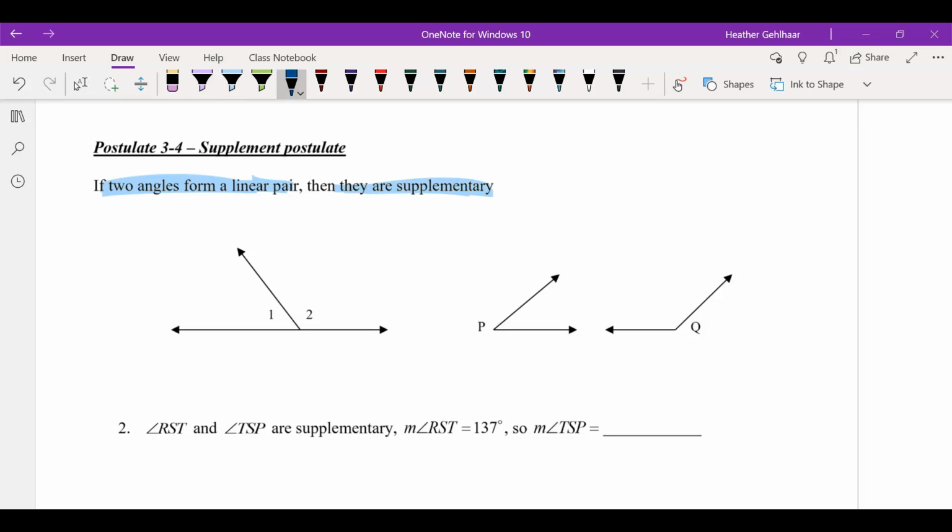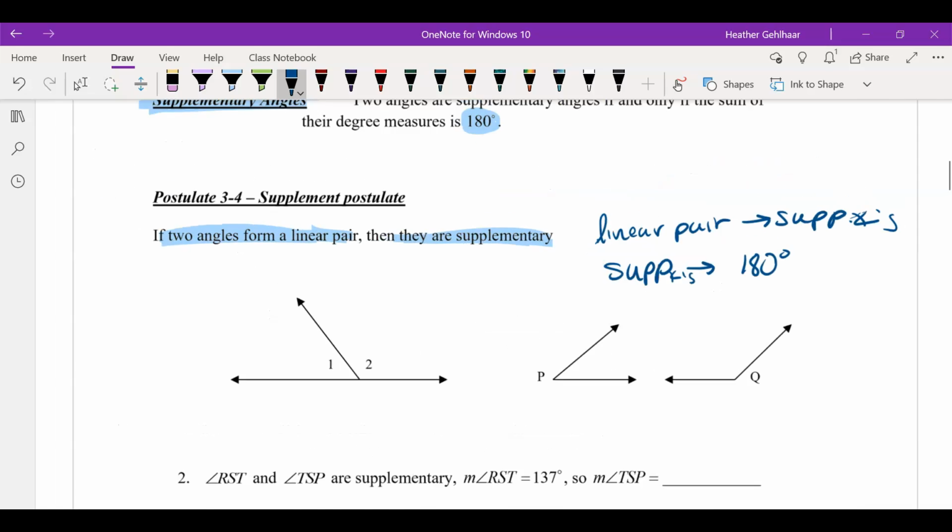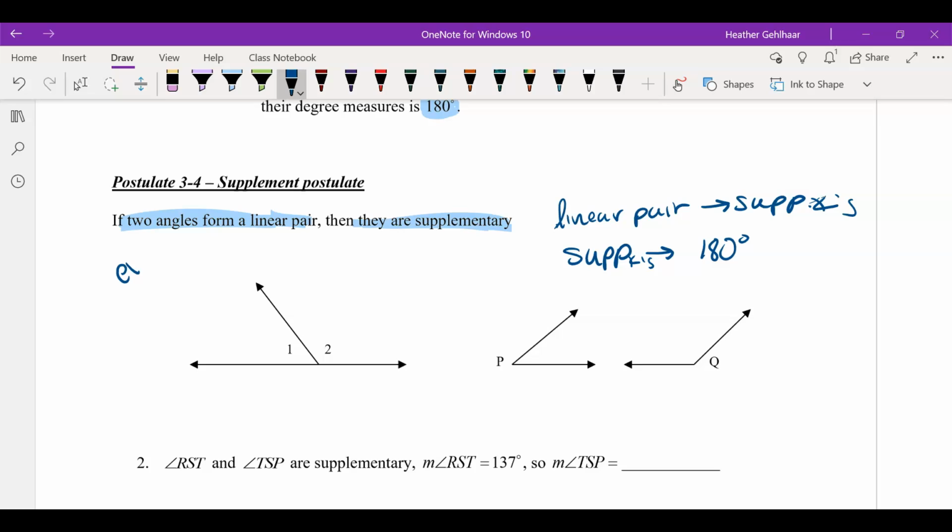So that means we can say if you have a linear pair, that implies supplementary. And supplementary angles, as we've just learned, imply 180 degrees.